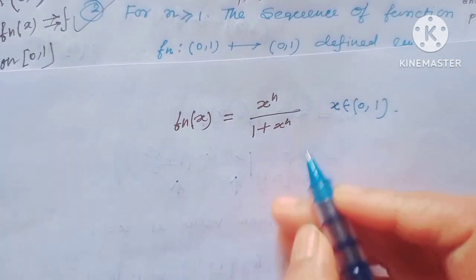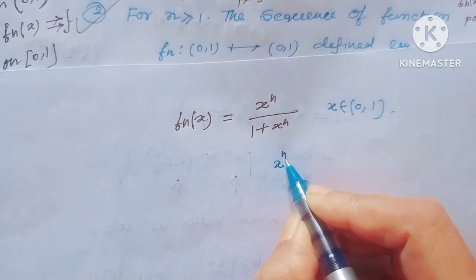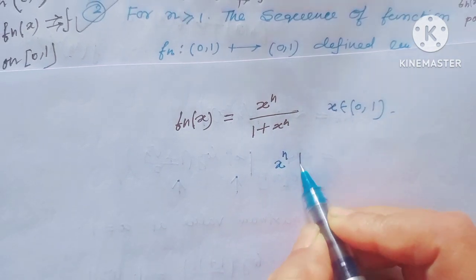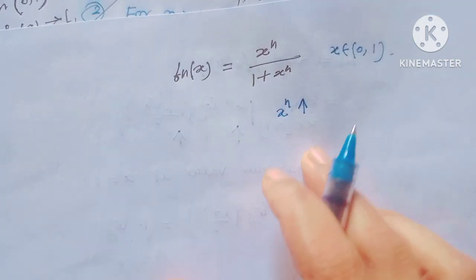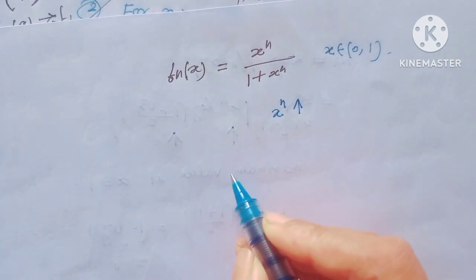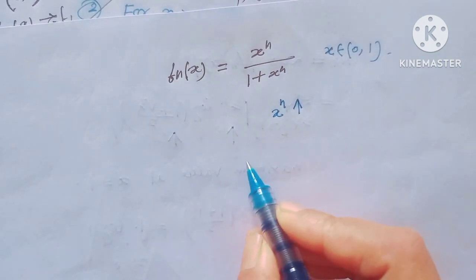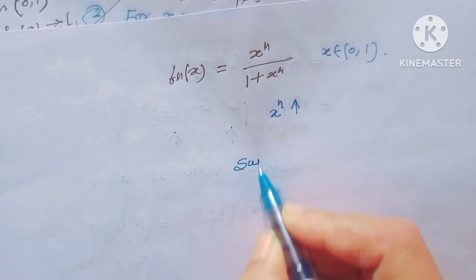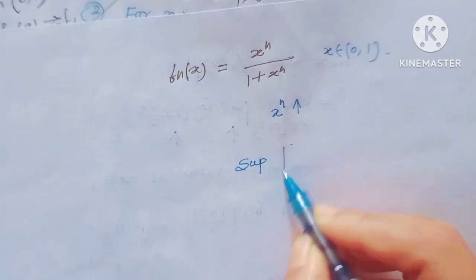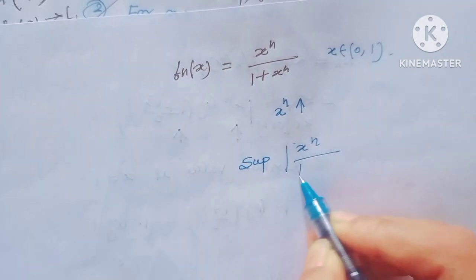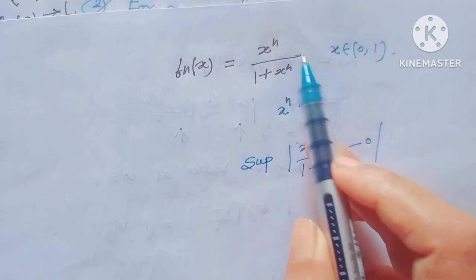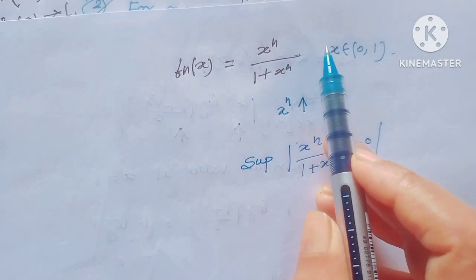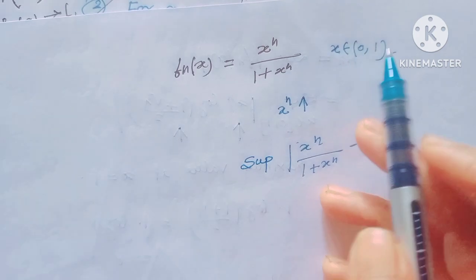In this interval, x^n is monotone increasing. The supremum of x^n over (1 + x^n): this sequence of functions converges pointwise to f(x) = 0.